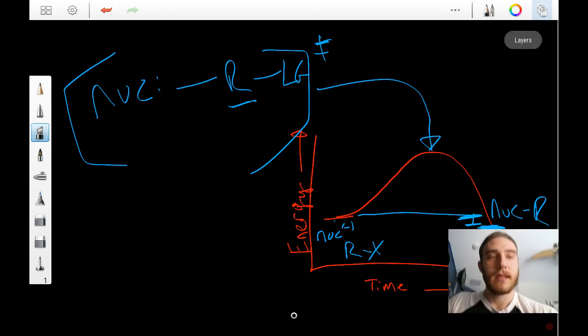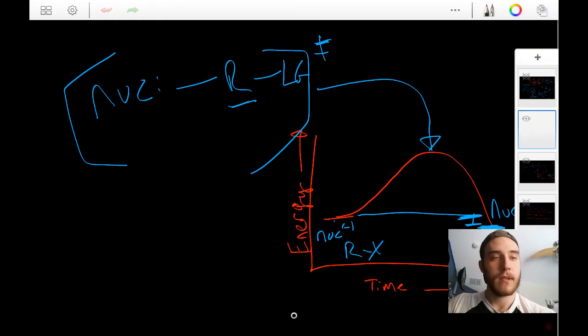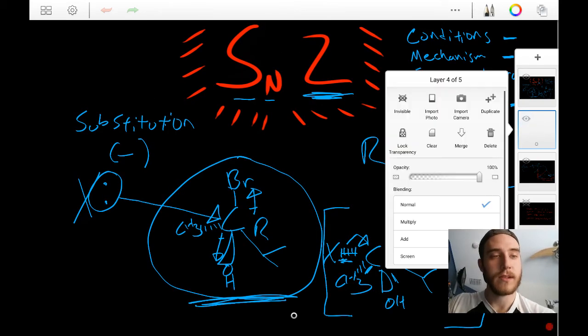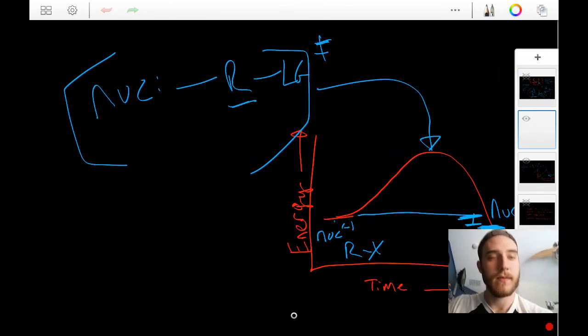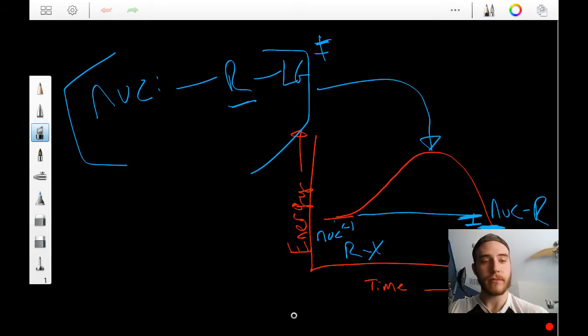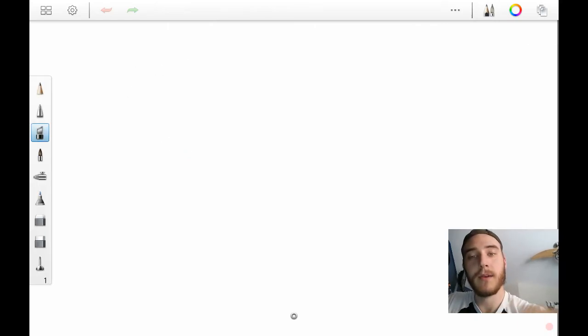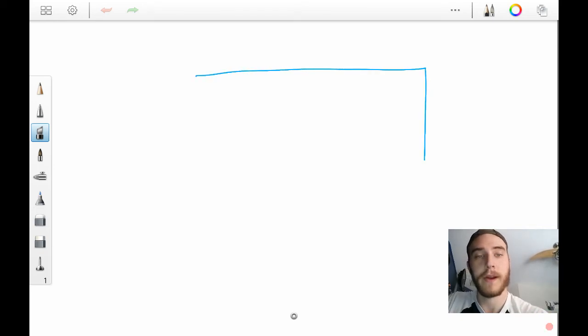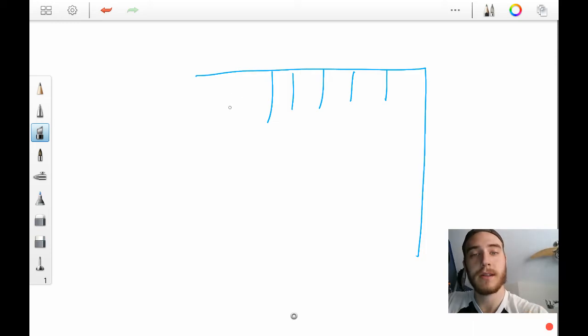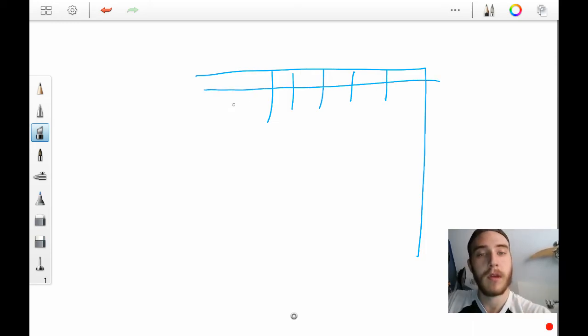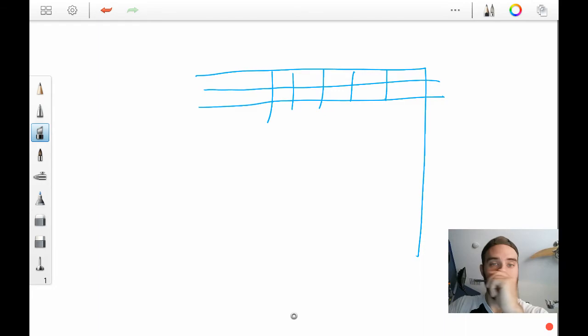Let's talk about some of the conditions that make a good SN2 reaction. So first of all, we need to have a good nucleophile. We'll say that for any group on the periodic table, so I'll just draw out our periodic table, we have a bunch of elements going across, a bunch of elements going down.